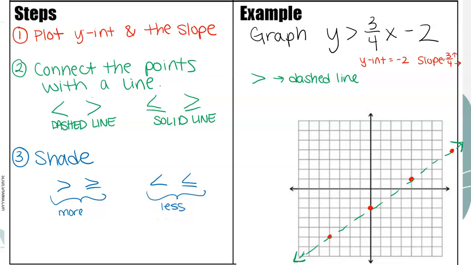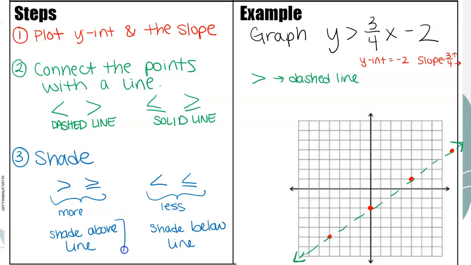When we are more than something, we are above it, we are bigger than, we are higher than. So we are going to shade above the line. If we are less than something, we are smaller, we are below. So we are going to shade below the line.